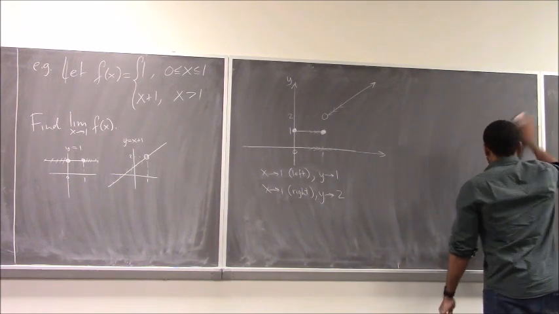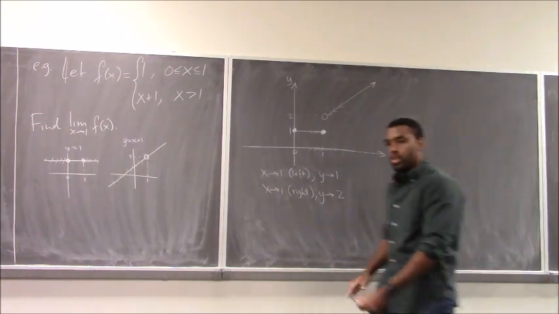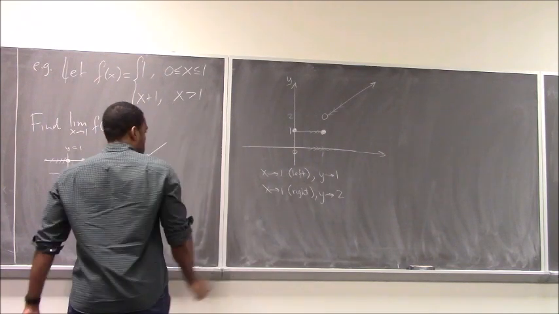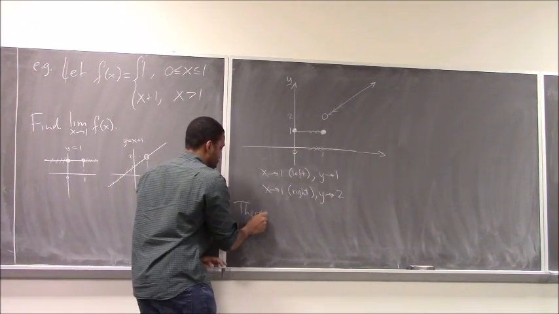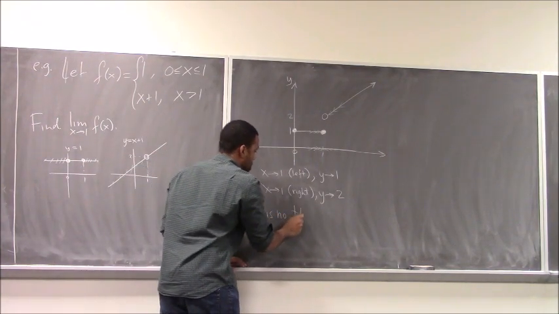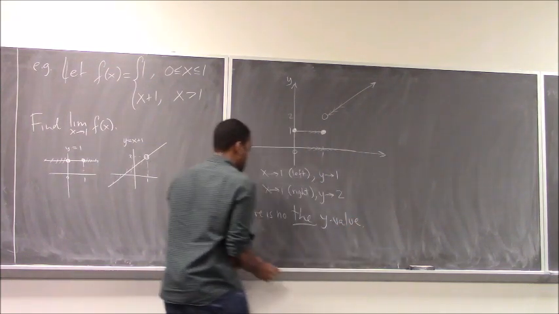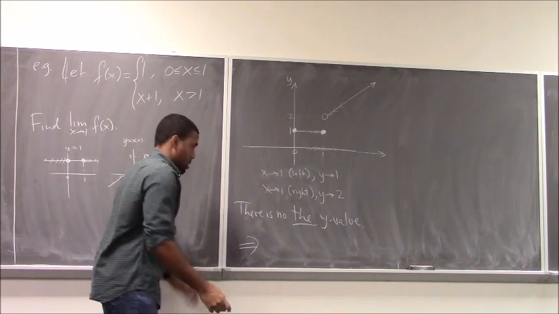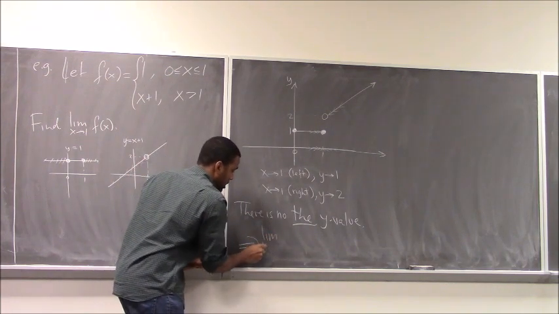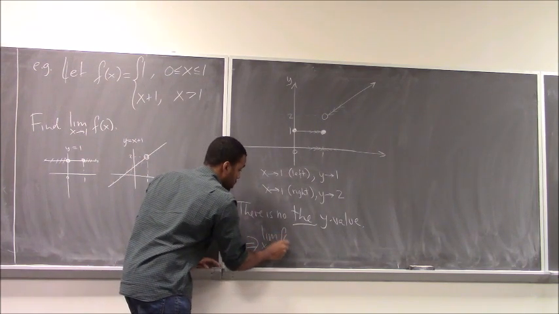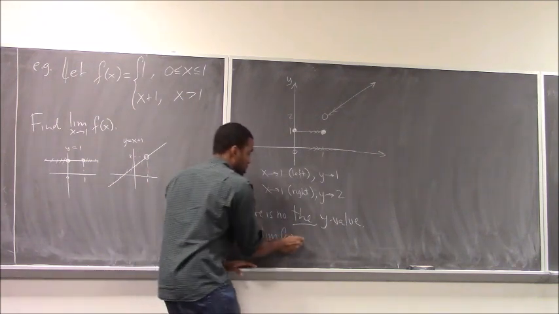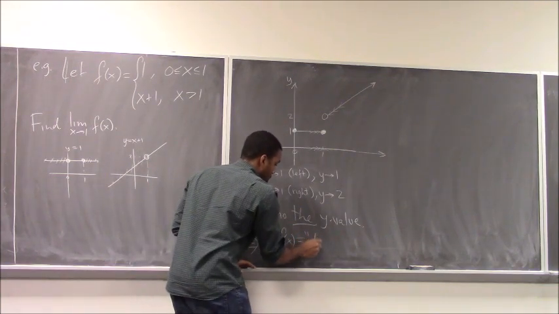It's not possible based on our definition to actually write a number down. Right? So there is no "the" y value. This means, technically speaking, the limit as x approaches 1 of this function, you would say does not exist.